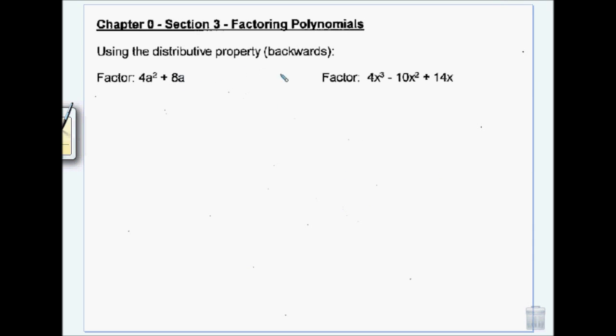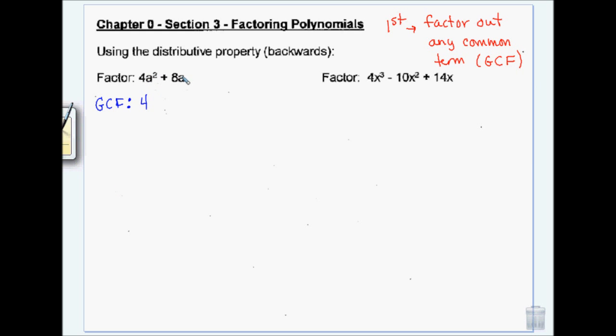Factoring. It's basically using FOIL or the distributive property backwards. All right? We have a situation like this. Your first step on factoring is you want to factor out any common terms, and you want that to be the greatest common term, so you're doing the GCF, the greatest common factor. So if I look at 4 and 8, the largest number that will divide into both 4 and 8 is 4.